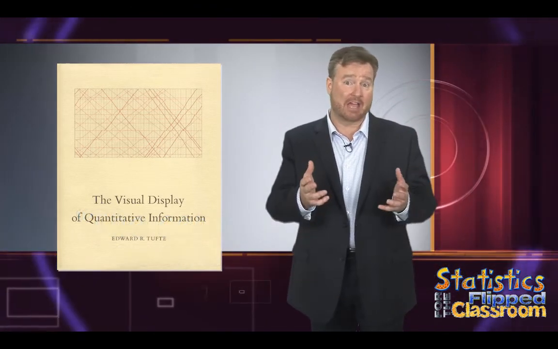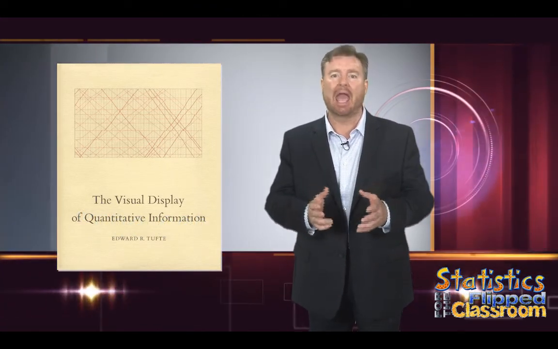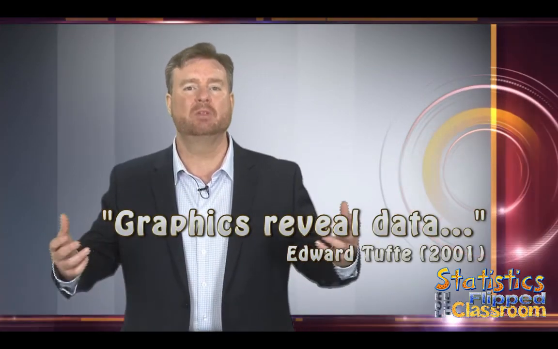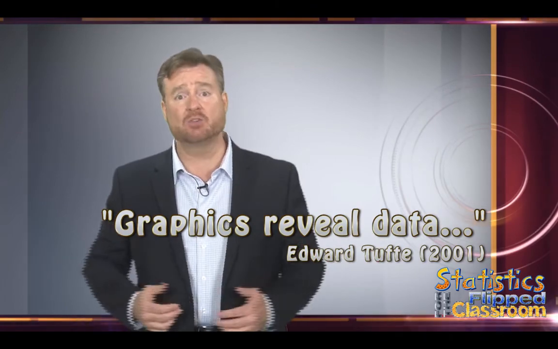They probably have a copy at your school library, and it is worth checking out. In a section on graphical excellence, Tufte explains the purpose of graphing with elegant simplicity. He says, graphics reveal data. And then he goes on to explain the qualities of excellent data revelation.